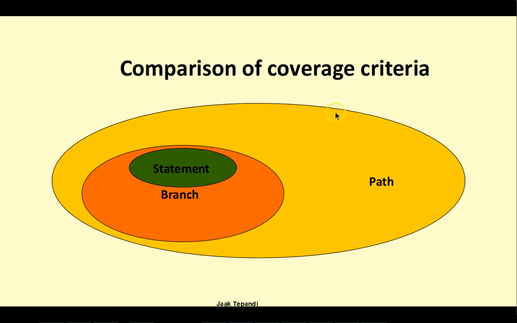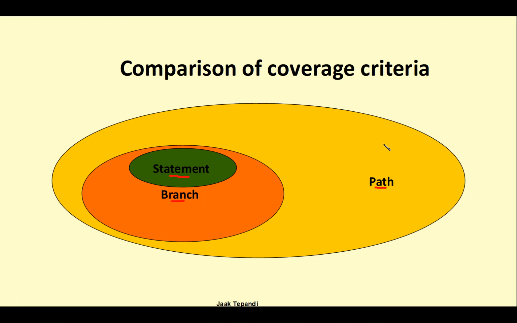If we compare these criteria, we see that statement coverage is the weakest. The least number of tests are needed to satisfy statement coverage. Branch coverage is stronger and path coverage is the strongest.